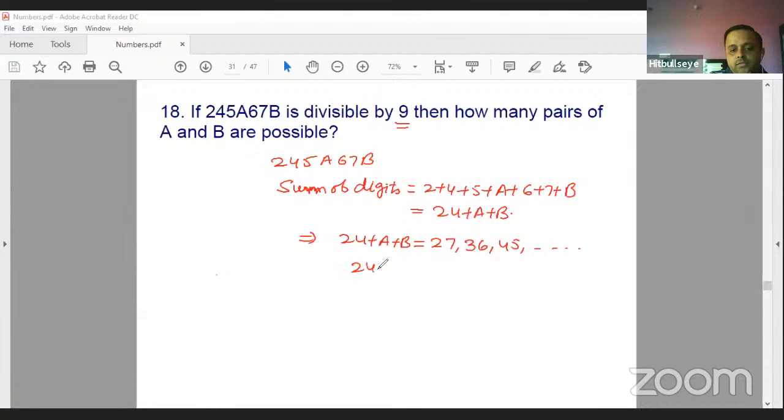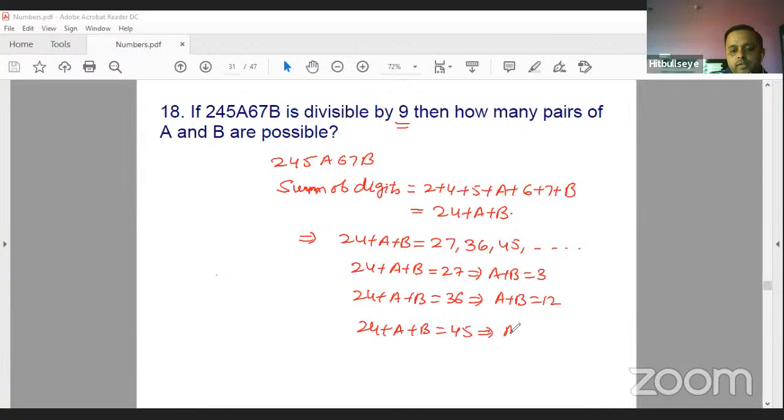If you take 24 plus A plus B equal to 27, the value of A plus B will be 3. If you take 24 plus A plus B equal to 36, the value of A plus B will be 12. If you take 24 plus A plus B equal to 45, the value of A plus B will be 21. Obviously, this is not possible.